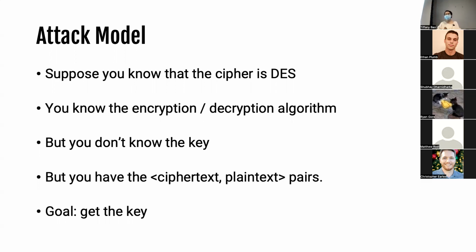So it's like you are someone sitting in the middle of the communication between these two guys, and you have already captured, or eavesdropped, all the communication messages. So you have those pairs somehow. You know that, okay, for this particular plain text, this guy sent this corresponding ciphertext, but you don't know the key. And your goal is to recover the key so that in the future, you can pretend to be someone and then send encrypted or decrypted messages, okay?